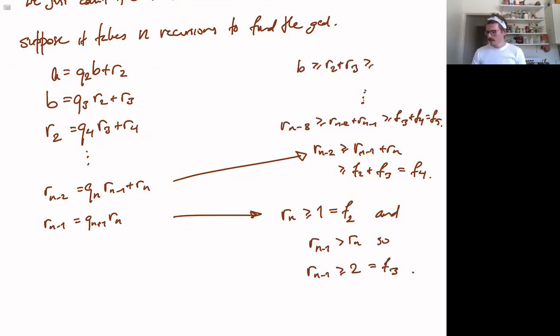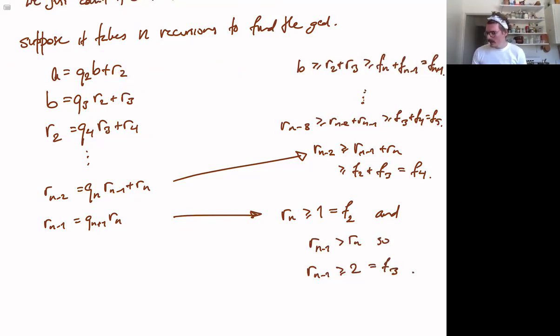And if you do some details to figure out exactly how the indexes are working, you will find that this is Fn plus Fn minus 1, which is Fn plus 1. That's at least if I have chosen the indexes correctly. I hope I have.